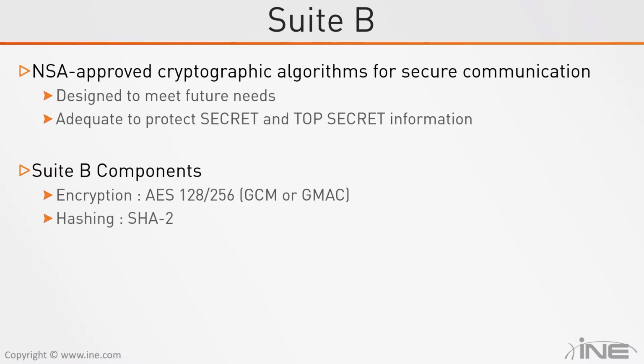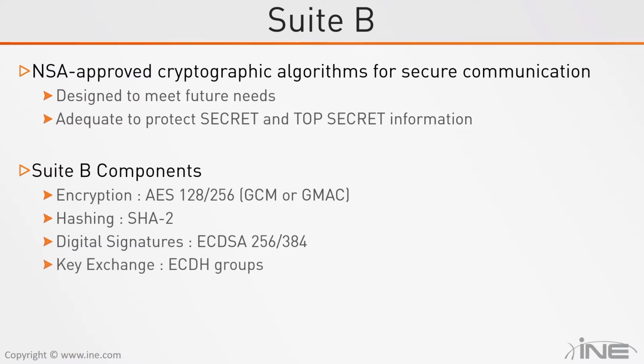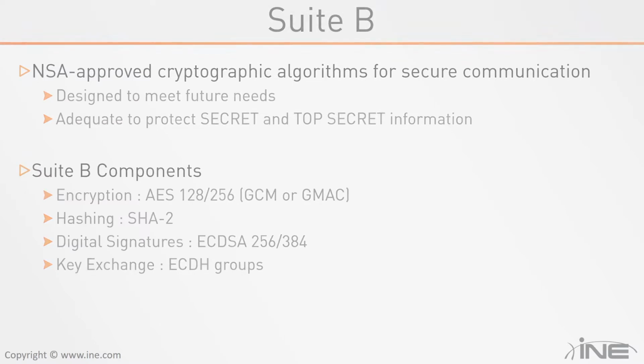Then for hashing, we're going to focus on SHA-2. We are no longer using MD5 or SHA-1. For digital signatures, the recommendation is to use the elliptic curve variation of DSA, with 256 or 384-bit keys. And for key exchange, we will use Diffie-Hellman, but also the elliptic curve variation of this function.